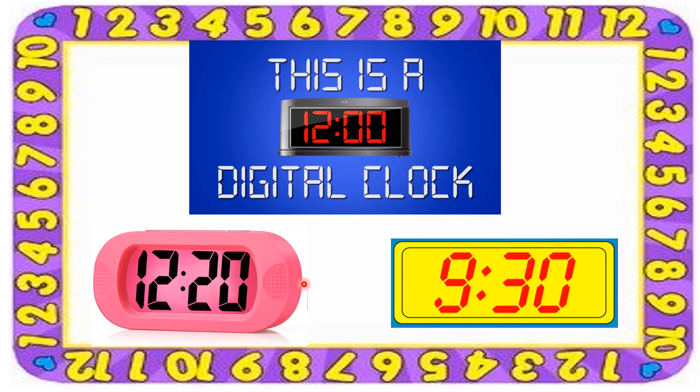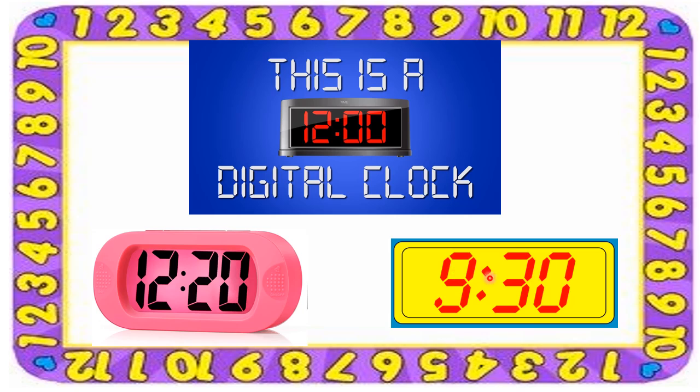Now see one more example. What is the time on this digital clock? First you look at the hour side. On the hour side you can see the number 9. It means 9 hours, and on the minute side you can see 30 minutes. So it means 9 hours and 30 minutes.